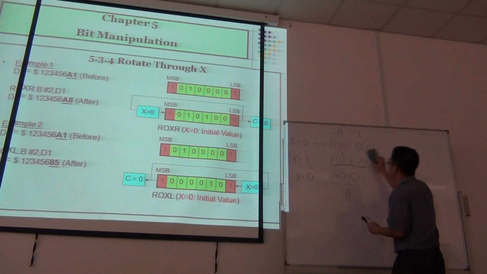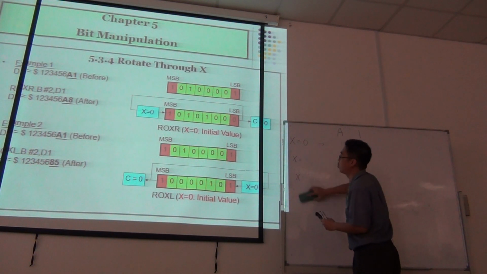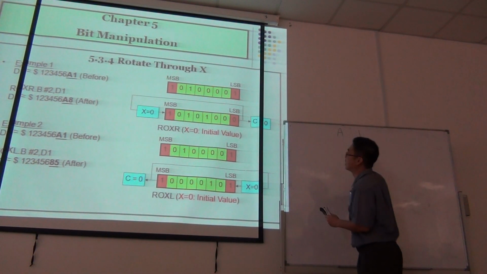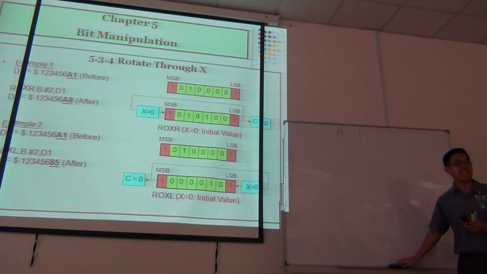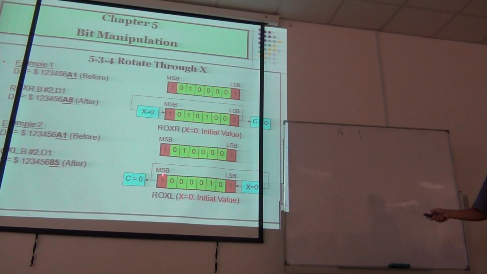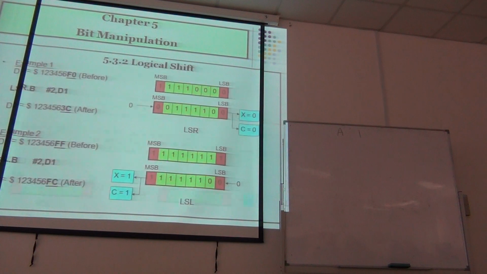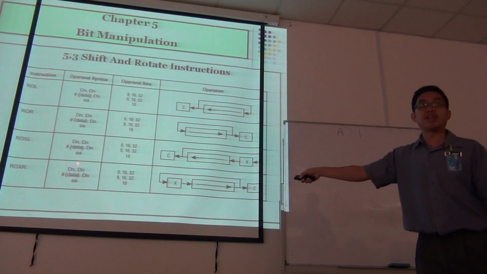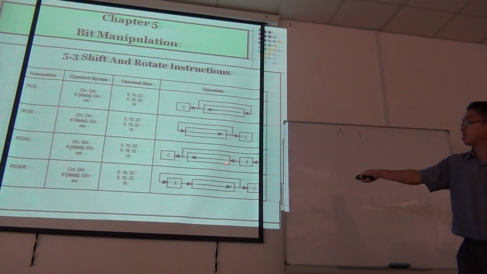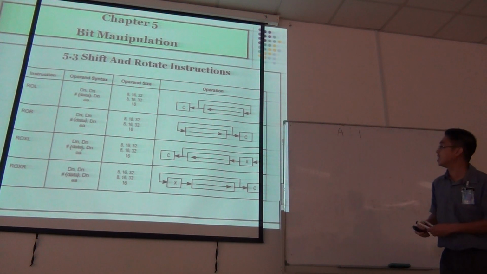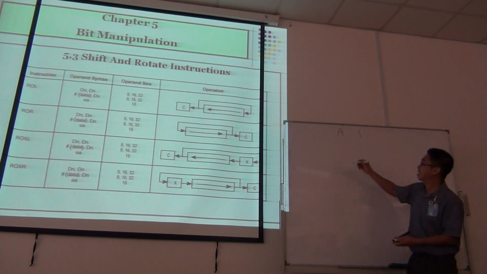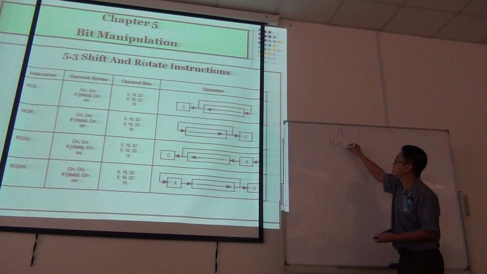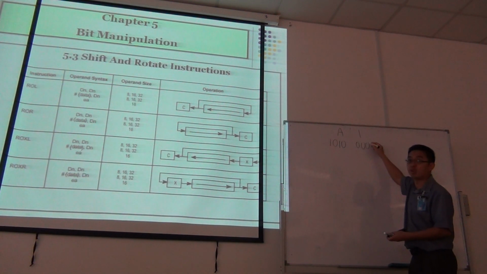So the next one is rotate left through x. The question is the same, A1. The command is rotate left through x, like this. Now you are going to look at this number again: 1 0 1 0 0 0 0 1.